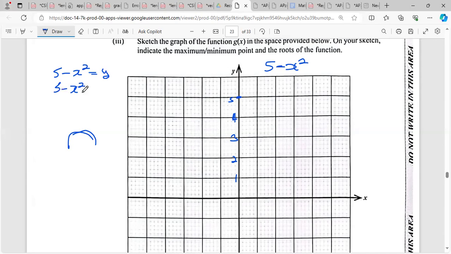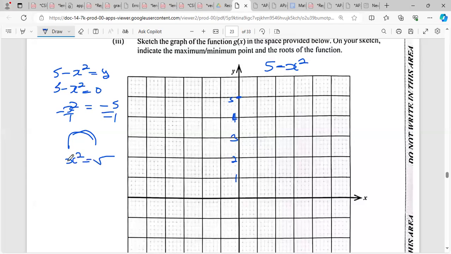So 0 equals 5 minus x squared. Carry over the 5, that becomes negative 5, and then we can divide through by the negative to get positive. So x squared is equal to 5.